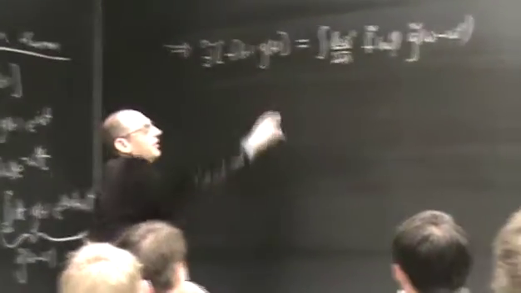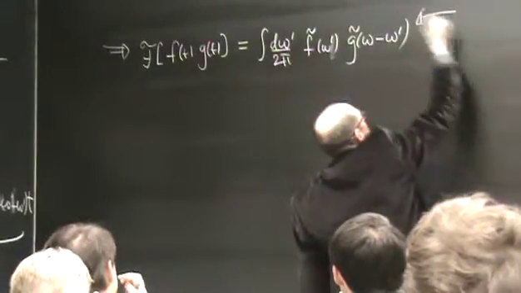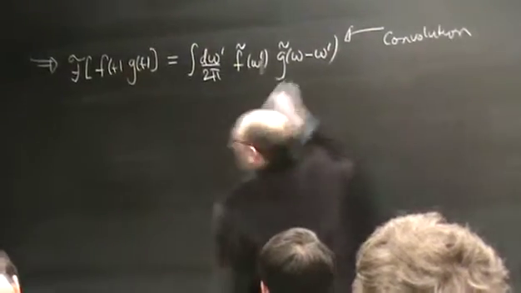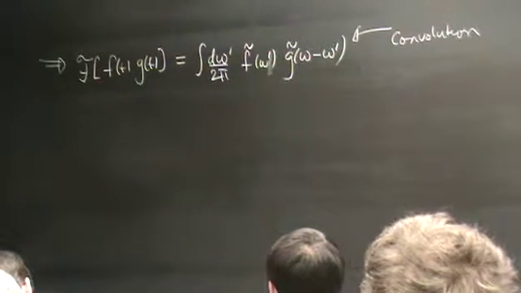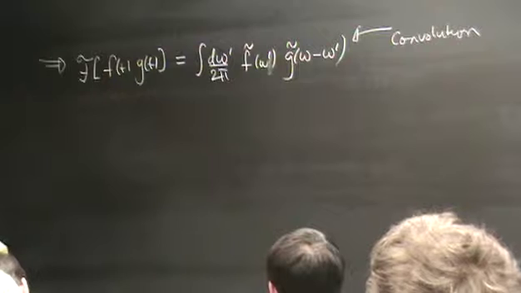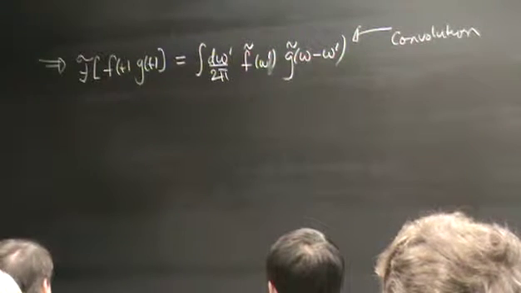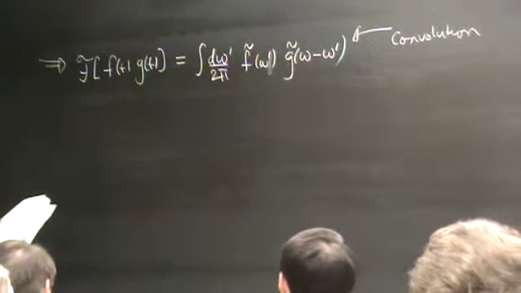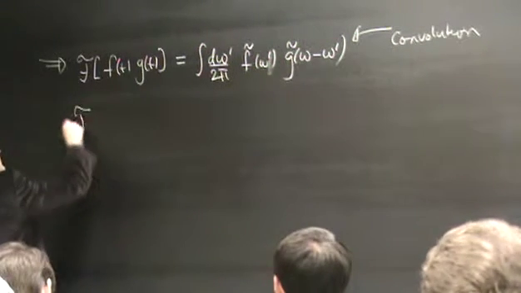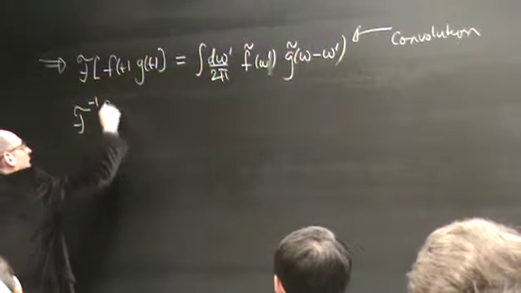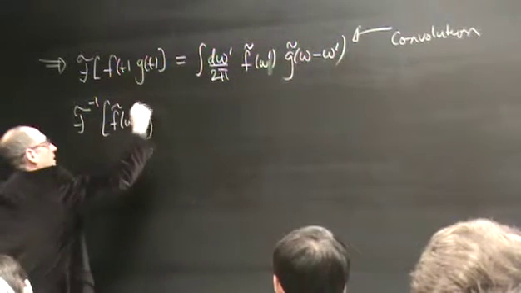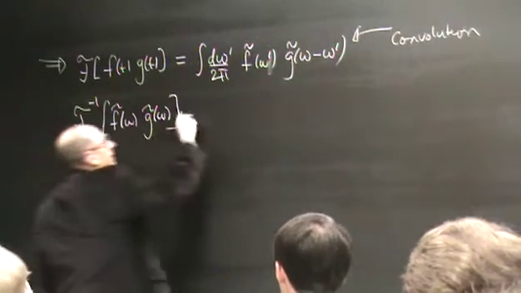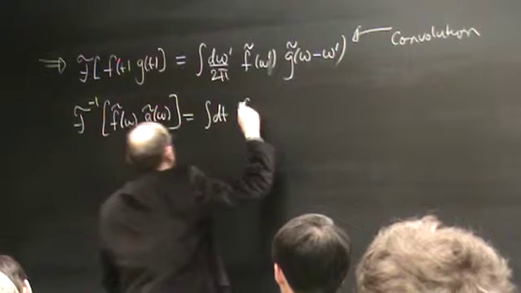So this is what's called the convolution, involving two functions together. You shift one relative to the other and integrate over the shift variable. That is the convolution. And similarly, the inverse Fourier transform of the product of two Fourier transforms is the convolution of the signals.